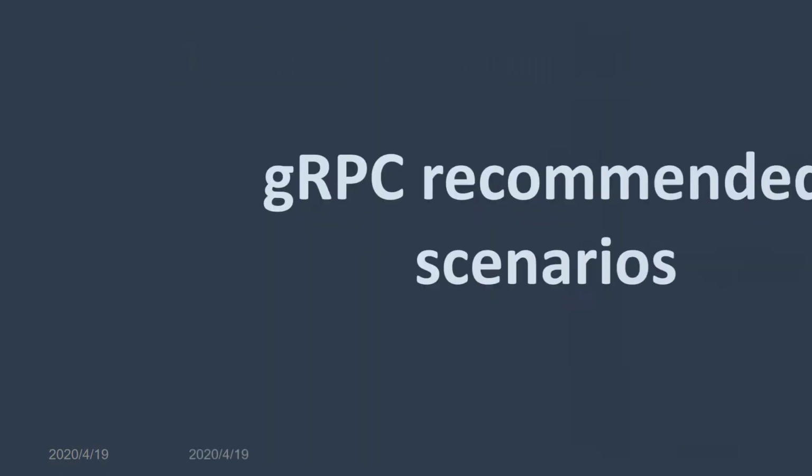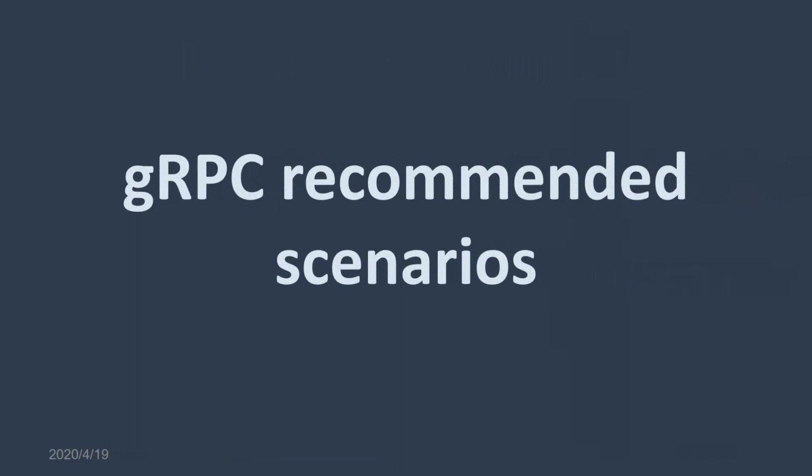Now, gRPC recommended scenarios, meaning where we mostly utilize gRPC services. It is mainly designed for low latency and high throughput communication. Mostly we use it in microservices, wherever we are utilizing microservices concepts.